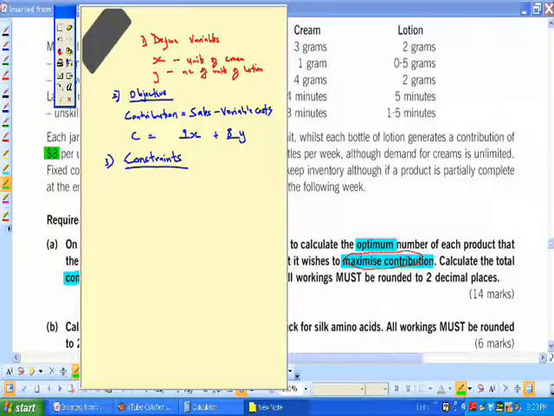So we need to identify the constraints. But what is a constraint? A constraint means the same thing as limiting factor. Basically, a limiting factor is something which prevents you from achieving your objective. So we're going to look through the question and try to identify what these limiting factors are.